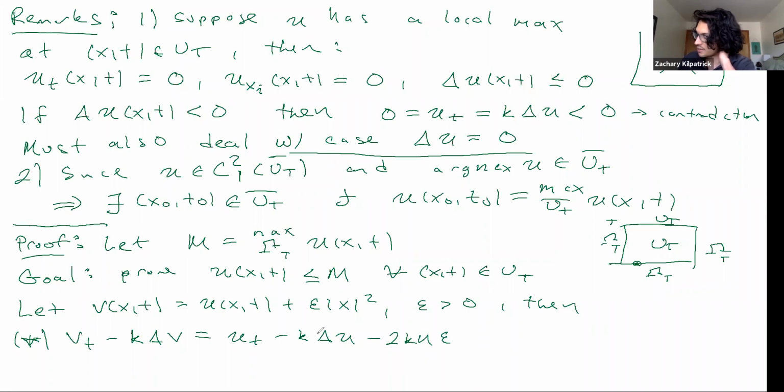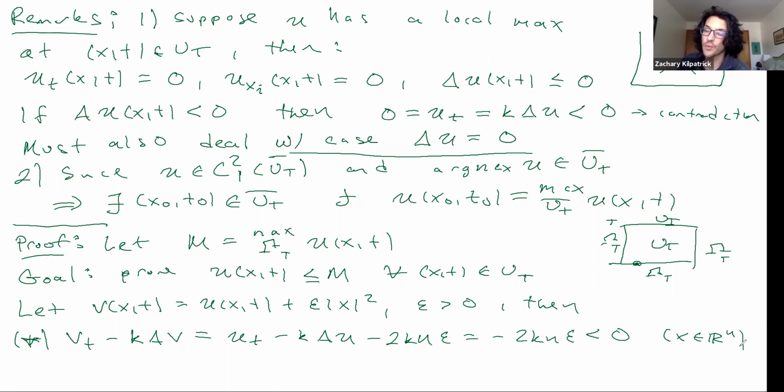Well, we know that u satisfies the heat equation, so this part vanishes, and we just get that this is equal to minus 2kn epsilon, which, since all of that is positive, is less than 0, okay? And again, x can live in R^n here, okay?